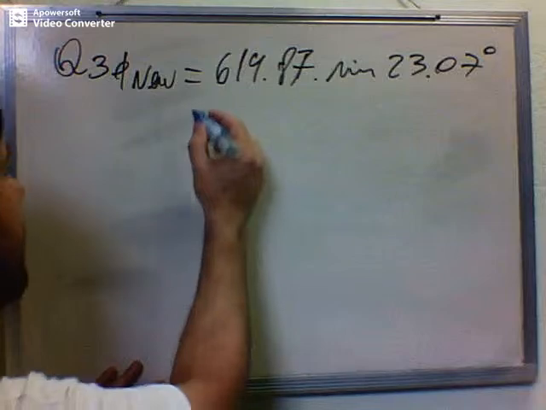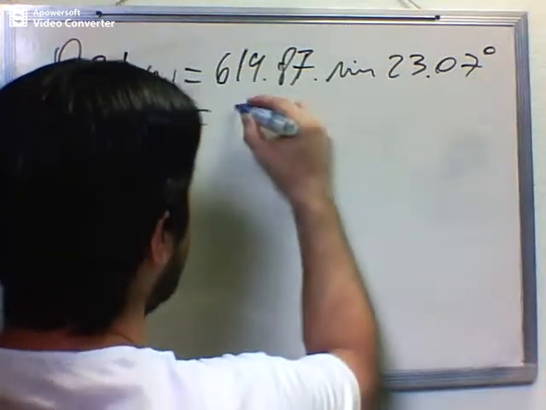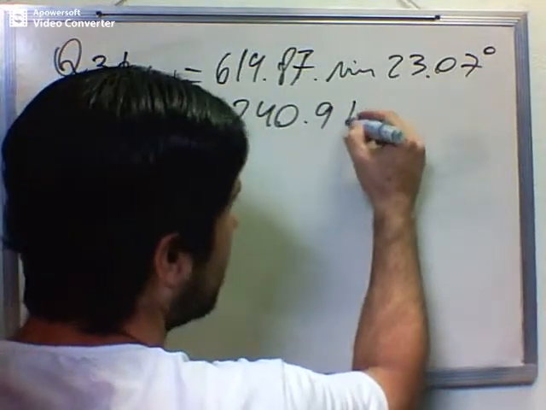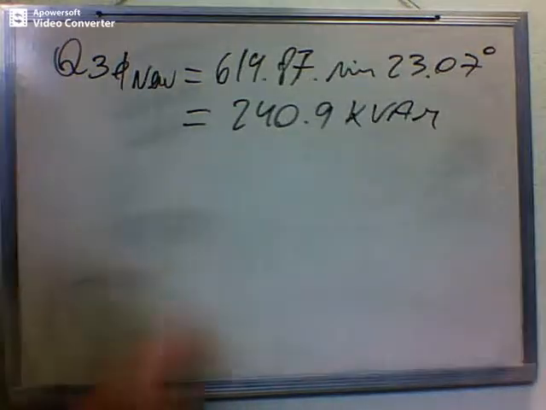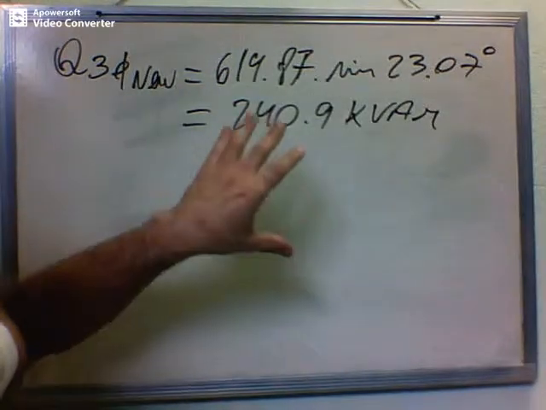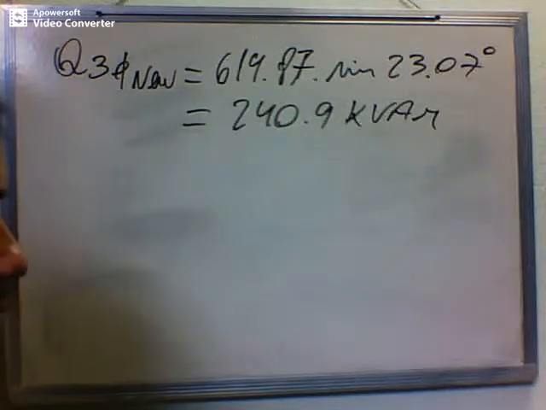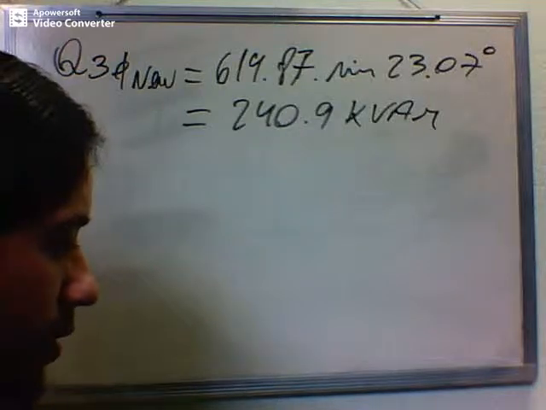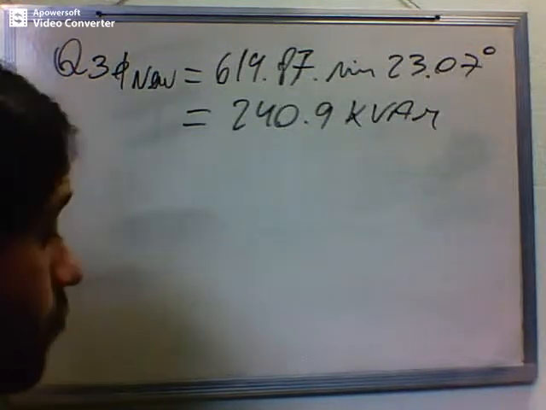Now we know what we need, and this value is going to be 240.9 kVAR. So this is the reactive power that the installation needs to have.